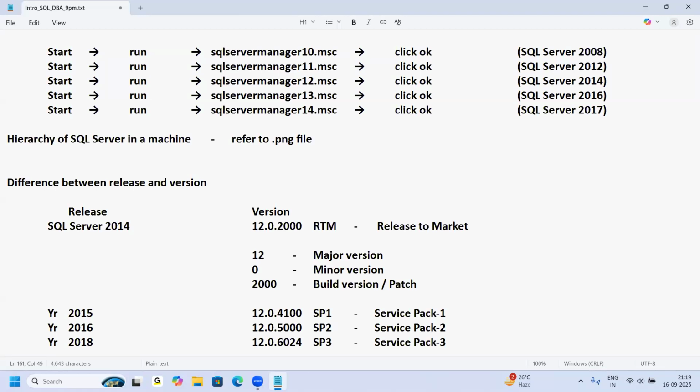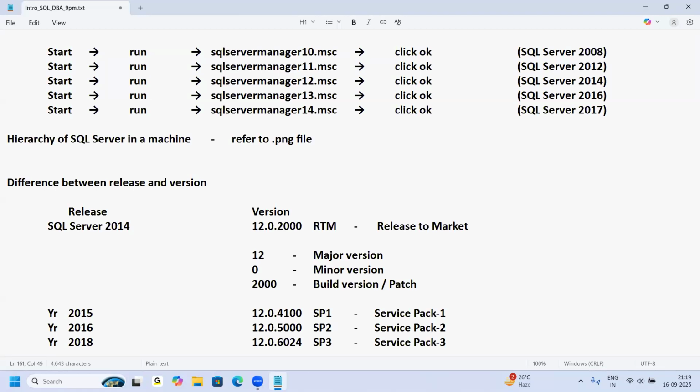You see, SQL Server 2014 has got 3 updates. In 2015 we got one update, 2016 we got one update, 2018 also we got one update. And in the meanwhile, remember, SQL Server 2016 was also released, and in 2017, SQL Server 2017 was also released.